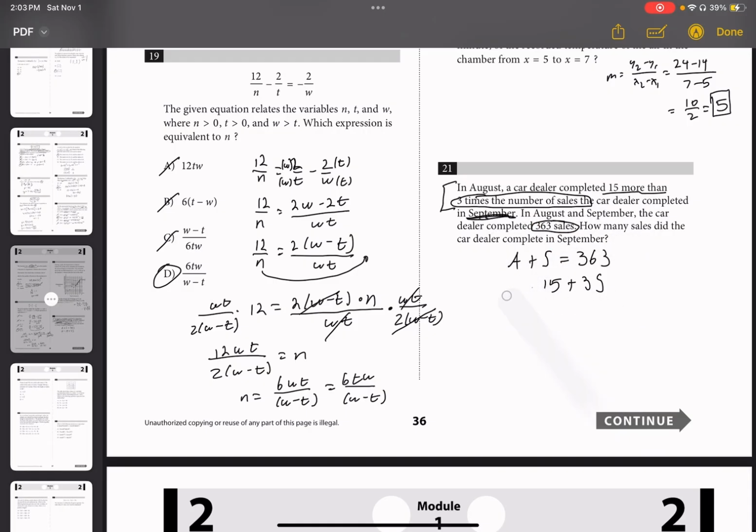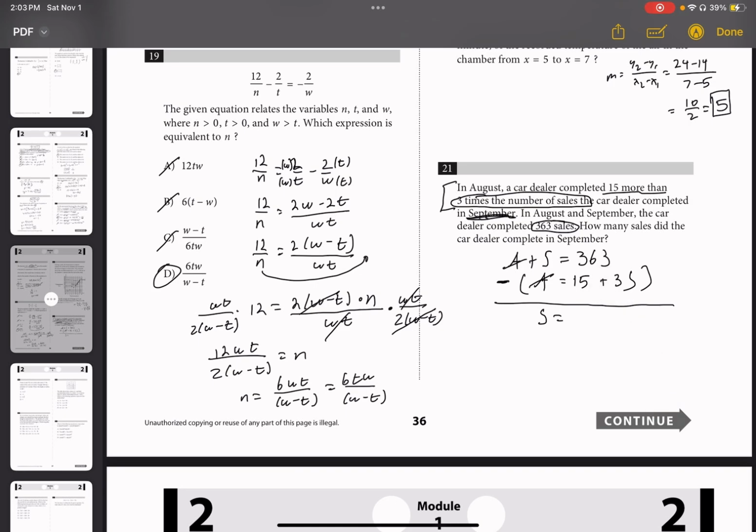I'm going to align them so it's easier to manipulate, putting our equal signs one under each other. Now, if we subtract this whole equation from the first one, these cancel out, and we get S is equal to 363 minus 15.